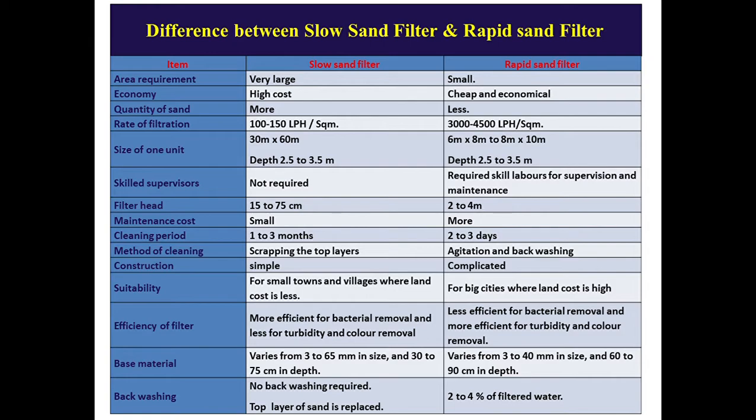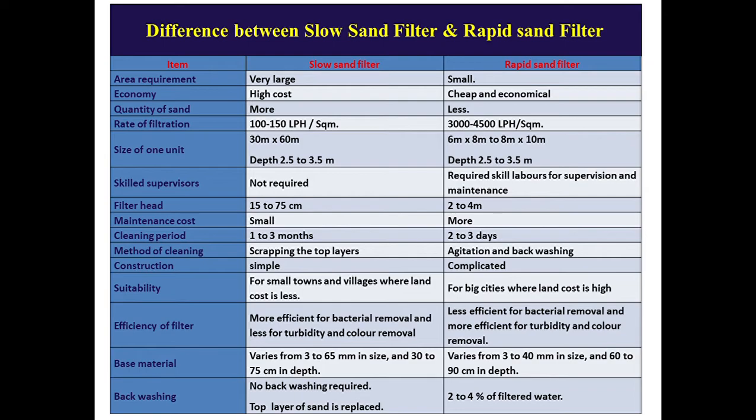Slow sand filter's efficiency is very good for the bacterial removal and very less for the turbidity and color removal. Whereas efficiency of the rapid sand filter is very less for the bacterial removal and it is more for the turbidity and color removal.